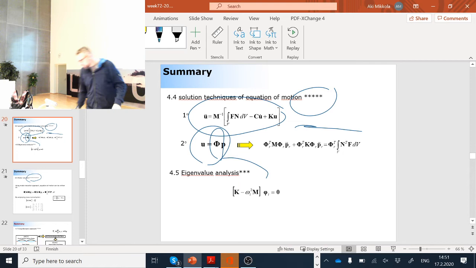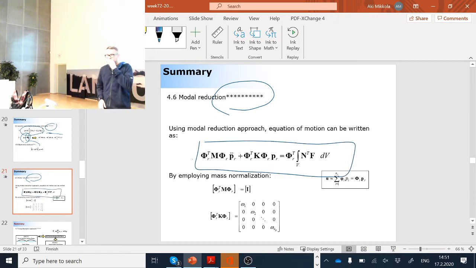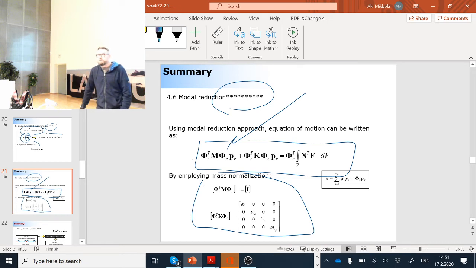Once you know the way the structure can deform, then you can jump to modal coordinates. An important step in a modal reduction is that you are not using all possible ways that the structure can deform, but some of it. Okay, if these assumed deformations are orthogonal, then the final representation is a diagonal representation of inertia and stiffness.